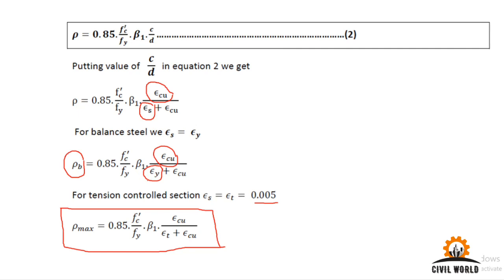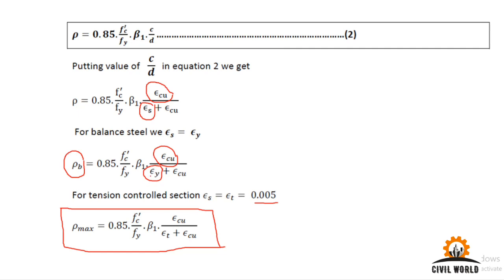If you want to calculate epsilon y for grade 60 steel, you can easily calculate it because the yielding stress is given, which is 60,000 psi. You know the modulus of elasticity of steel.